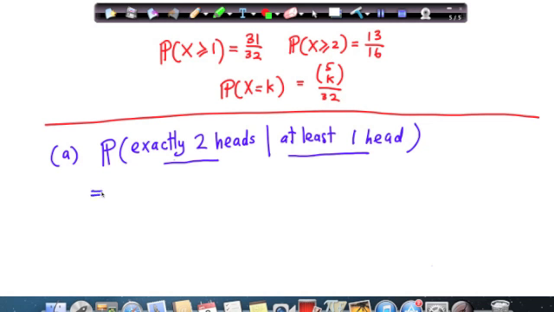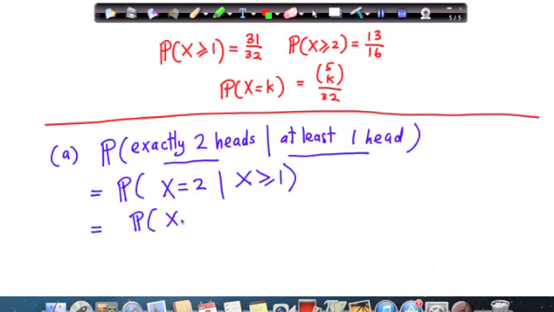So we have the probability of having x equals 2, which means exactly 2 heads turn up, given that at least 1 head already turn up. By the definition of conditional probabilities, this is equal to the probability of the event x equals 2 intersection the event x at least 1 divided by the probability of x being at least 1.